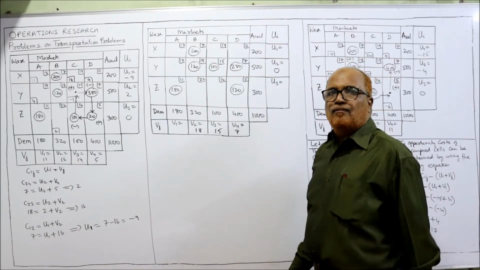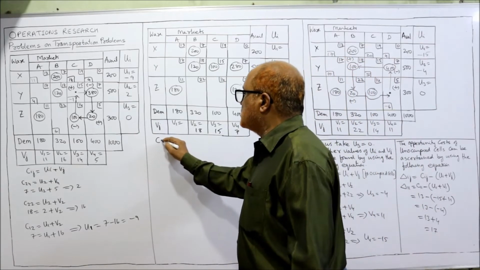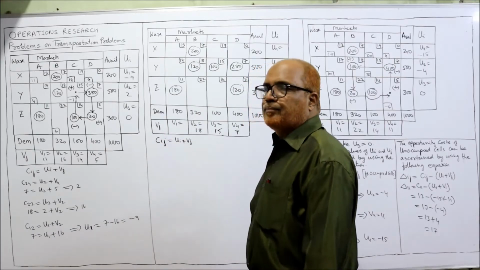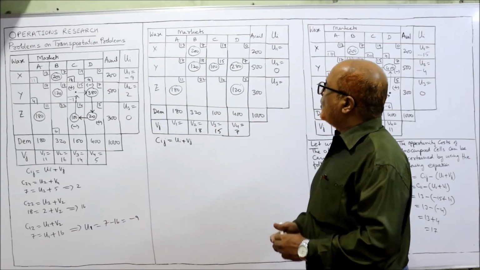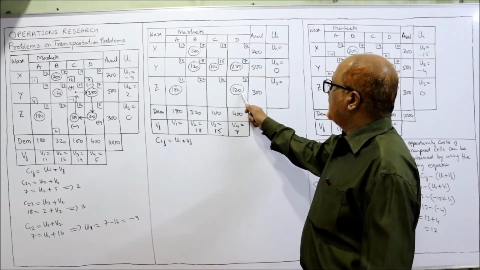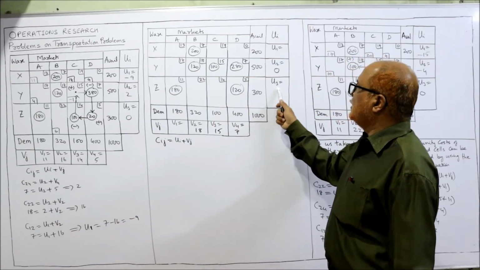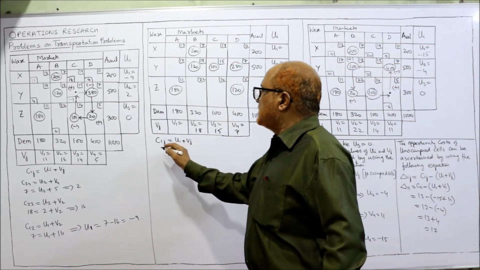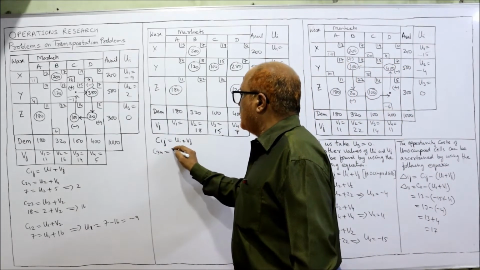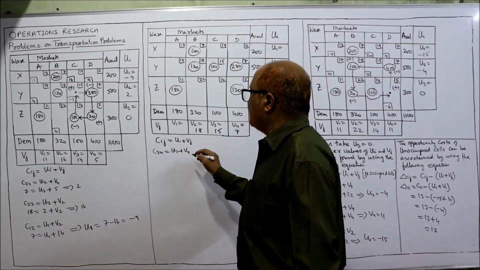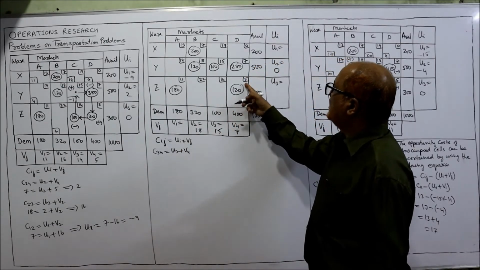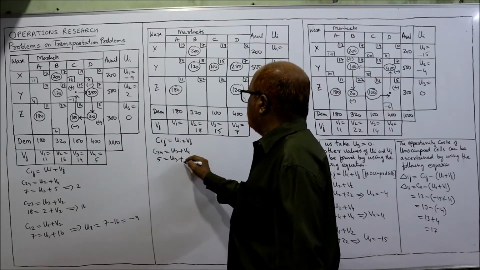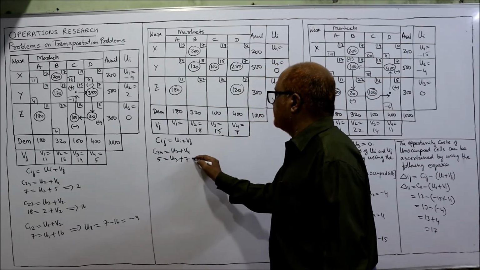Now other values of ui and vj we can get by using the equation Cij equals ui plus vj for occupied cells. Using this cell we can get u3. The location is 3, 4. C34 is equal to u3 plus v4. How much is C34 here? 5. So 5 is equal to u3 plus 7.